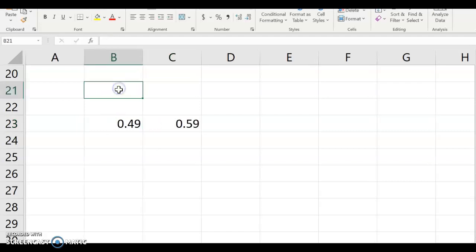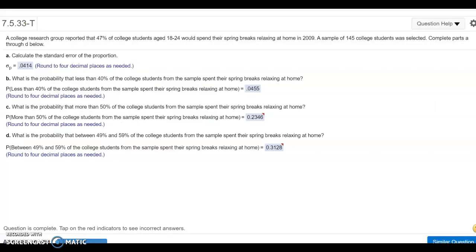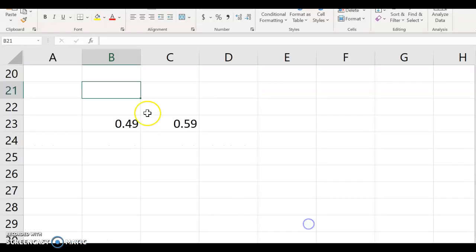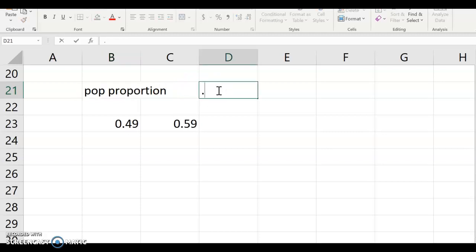Okay, and the population proportion given to you is 0.47. So we'll need that. I'm going to put it right here. And then let's see what else we need.